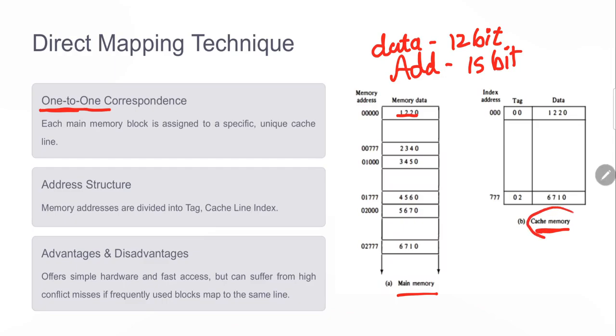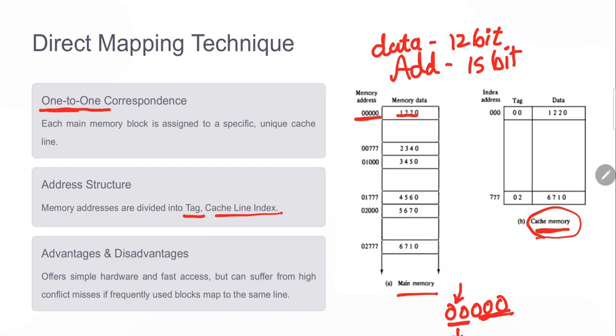Now this is cache memory. In your cache memory, the address is divided into two parts: tag and cache line index. So this 2 is your tag, and the remaining 3 is your index.